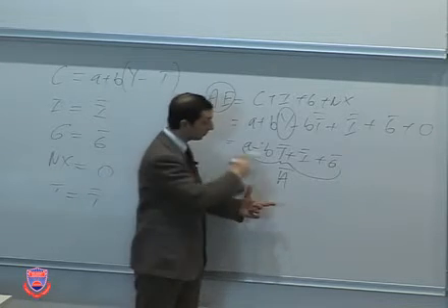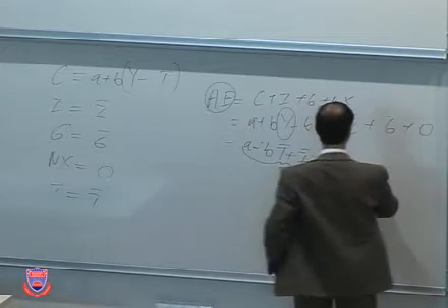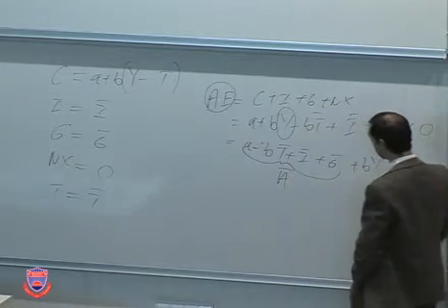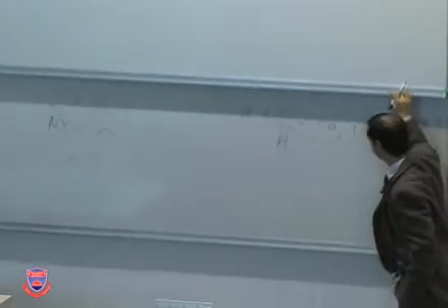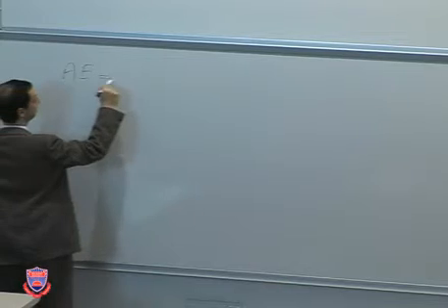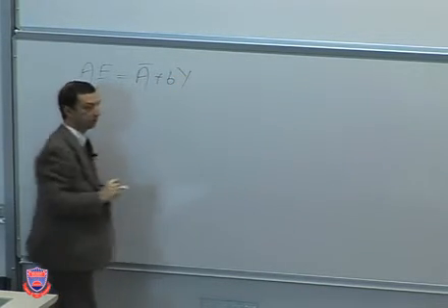I'm lazy. I don't want to write this every time. That's the only reason. Plus BY. It turns out this is a particularly simple expression. What I have here is aggregate expenditure is equal to some constant A bar plus BY.